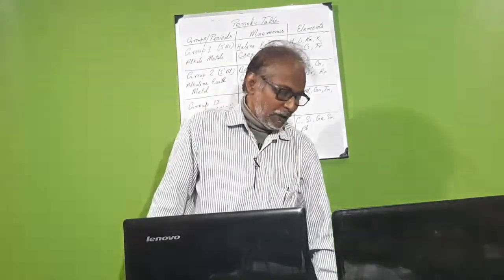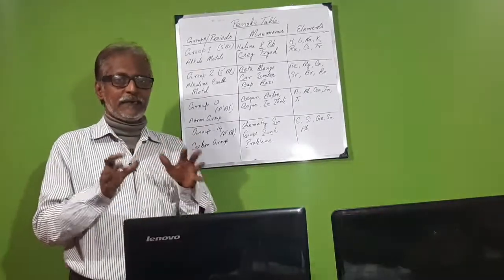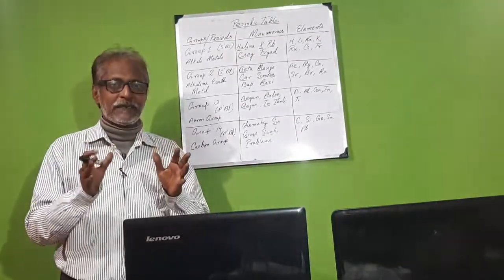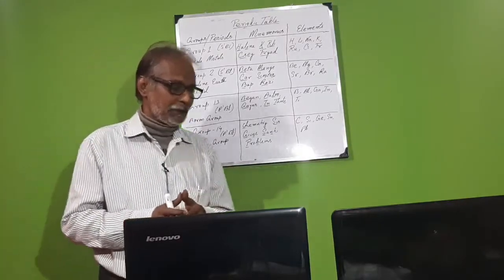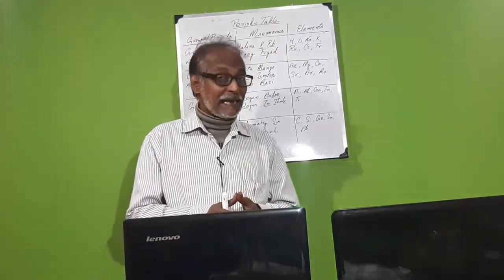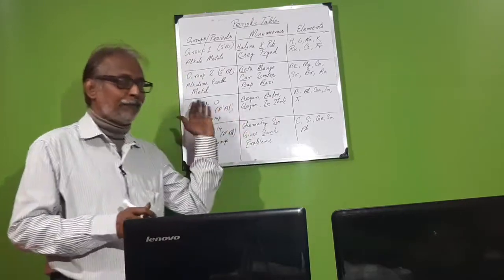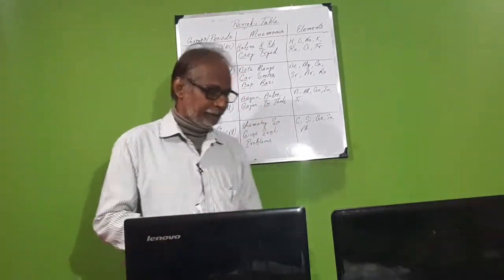The periodic table, as you are aware through your ICSE and CBSE syllabus, is shown in picture form. It is a tabular arrangement of chemical elements, arranged in increasing order when you go from left to right.